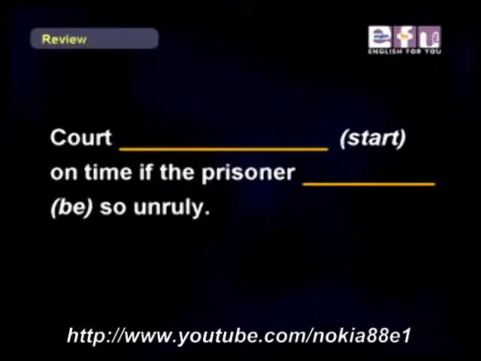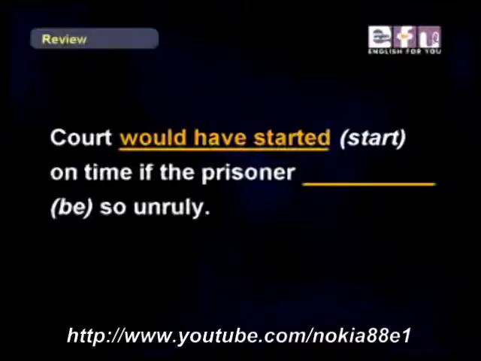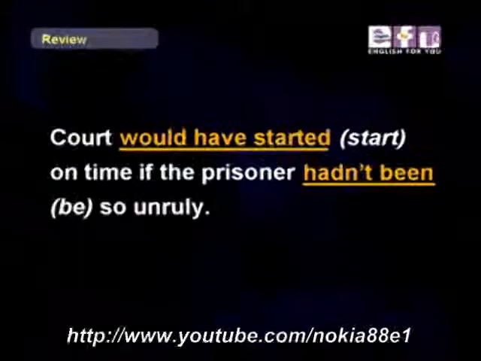Okay, what do you think the answer is, Rosa? Court would have started on time if the prisoner hadn't been so unruly. Good. Court would have started on time if the prisoner hadn't been so unruly.